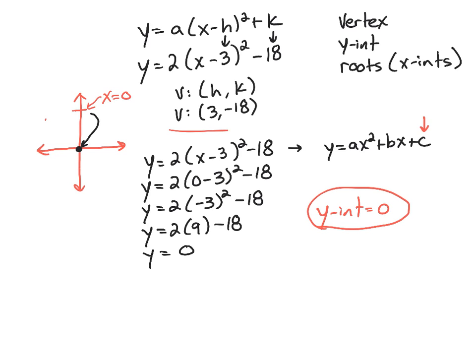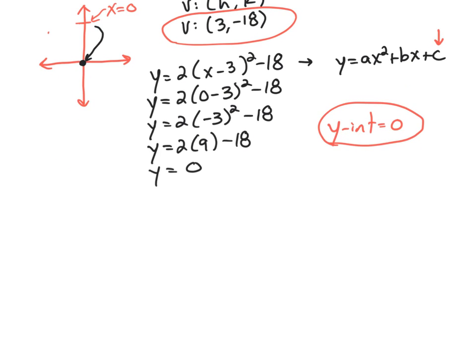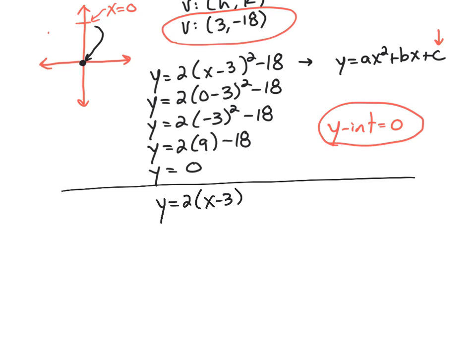So I found my y-intercept, I found my vertex, and now what's left is to find the roots or the x-intercepts. Okay, so we're going to write this equation down one more time. I have y is equal to 2 times (x minus 3) squared minus 18. Now there's several different ways, again, that you can find the roots.